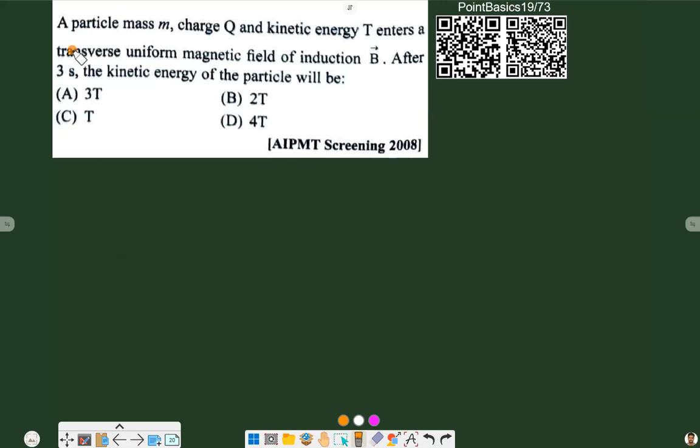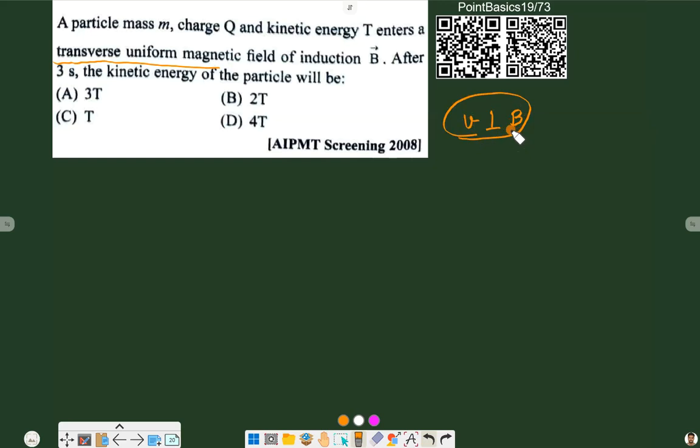Next one. A particle of mass m, charge q, and kinetic energy T enters a transverse magnetic field of induction B. After 3 seconds, find the kinetic energy of the particle. So here it is mentioned transverse magnetic field. Now what is the meaning of transverse magnetic field? That magnetic field is perpendicular to the direction of the velocity, or the angle between velocity and magnetic field is 90 degree.